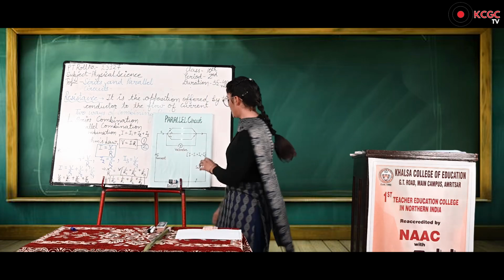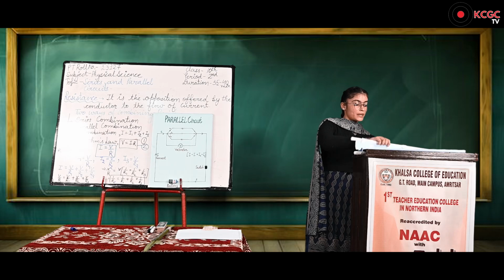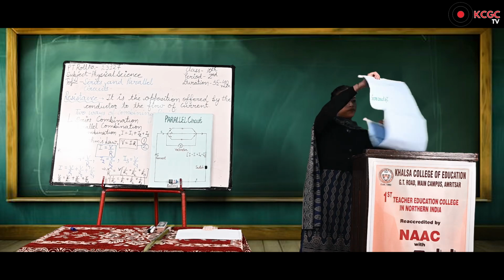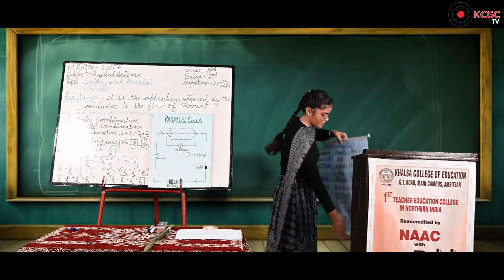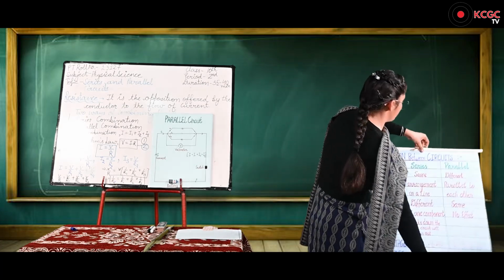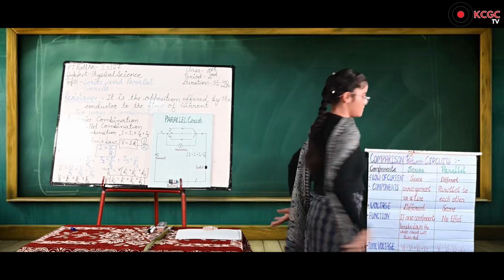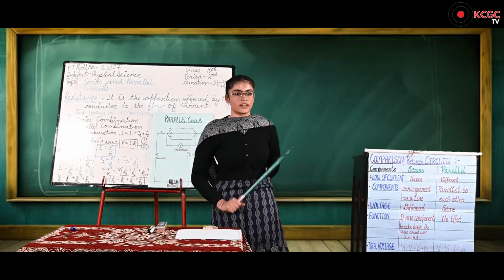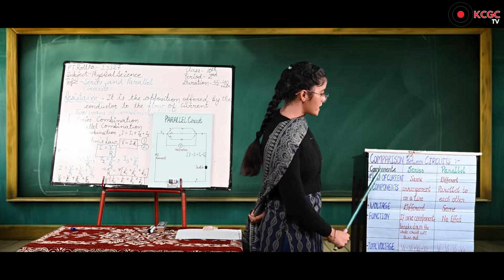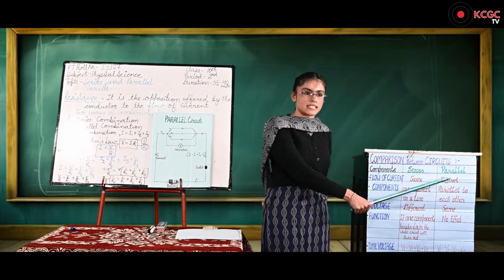Now students, we will do the comparison between both the circuits with the help of a chart. So students, observe carefully. Here is the comparison between the components of series and parallel circuits.